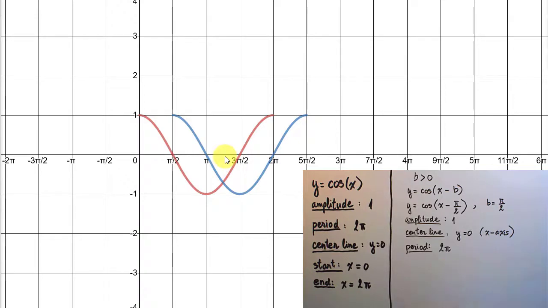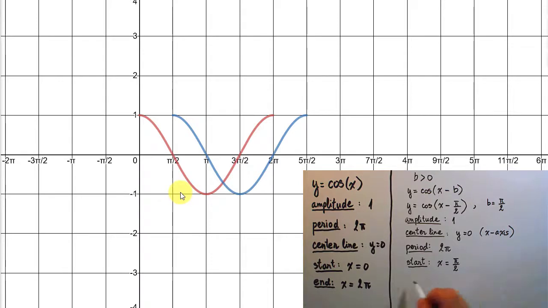But now obviously, since the grids are displayed here on the graph, it makes it clear that our blue graph, the base unit of our cosine of x minus pi over 2, has a start recognized at x equals positive pi over 2.